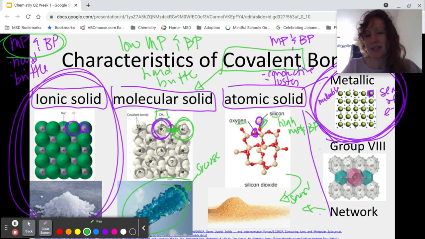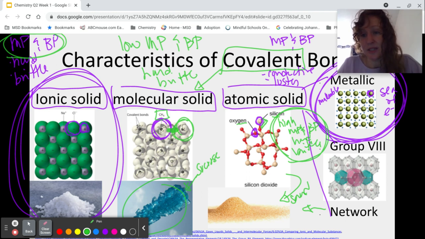They're also going to tend to be hard, brittle. Silicon dioxide is in this group. Diamonds are in this group. Graphite is in this group. They are some of the hardest material that we can find on Earth, right? We use diamonds to cut everything else because it's so extremely hard.